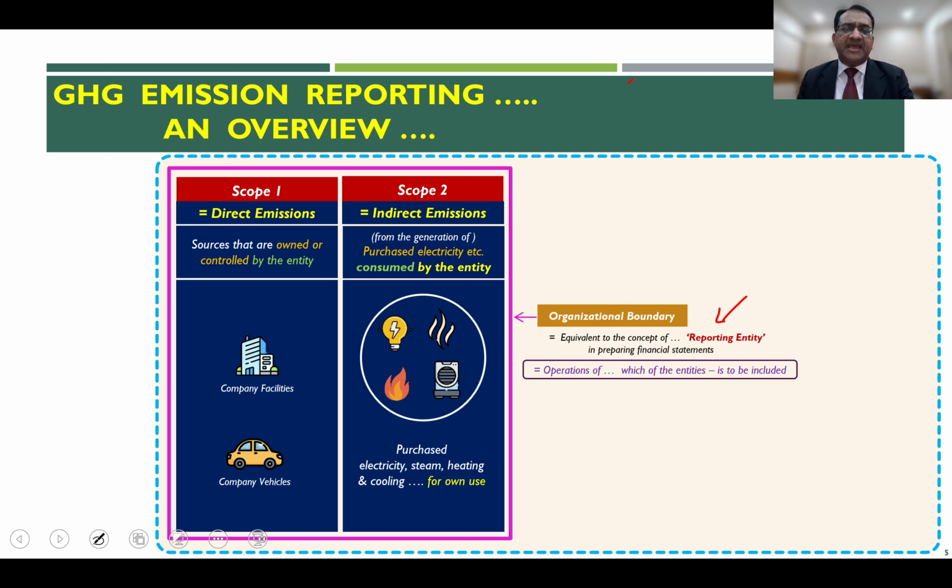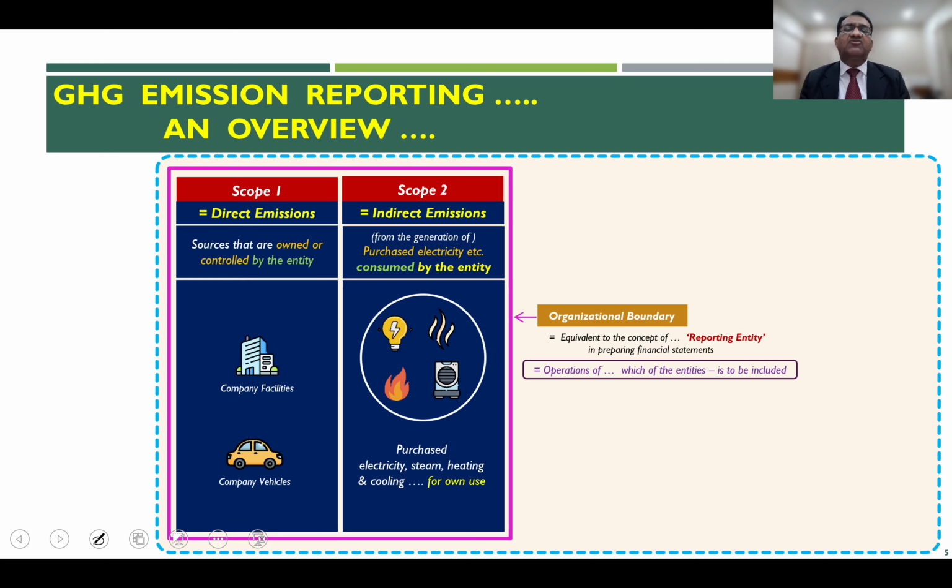So for example, if a legal entity has 3 different businesses, which of the businesses should be included in the carbon footprint and the emission reporting is given by the organizational boundary. This is something I plan to cover in greater detail in a subsequent video. But scope 1 represents direct emission, scope 2 represents indirect emission.